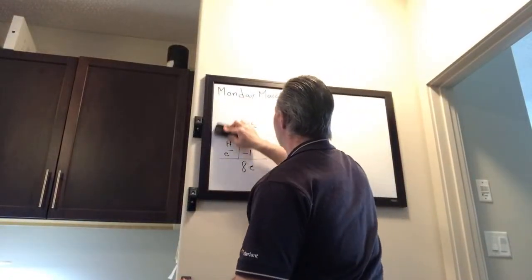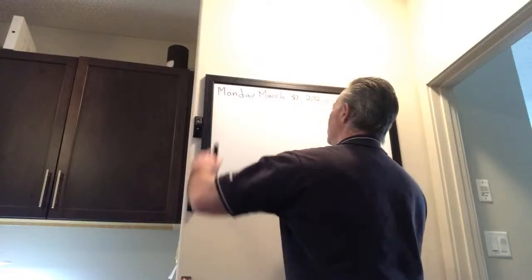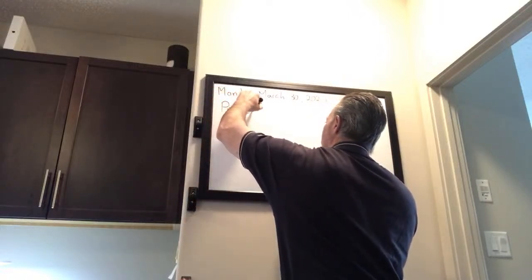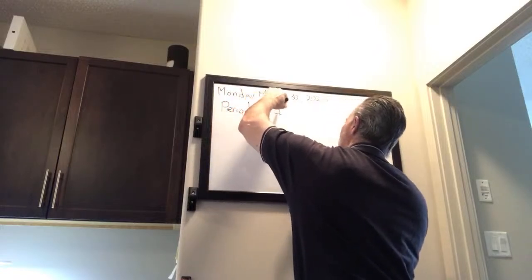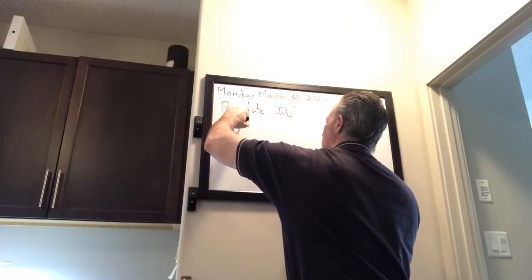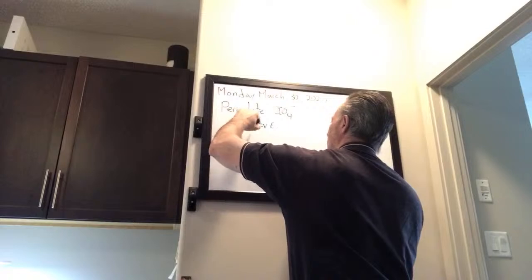Let's try periodate. Periodate is IO4 with a -1 charge. So let's draw our T-chart. Number of valence electrons.